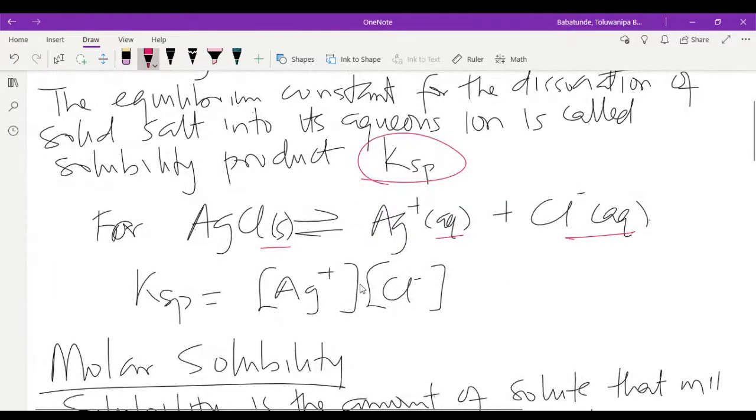So we can write the solubility product as this Ksp, which is going to be the concentration of the silver ion times the chloride ion. Remember, because these are aqueous, we include them in the equilibrium constant expression. We do not include the solid, right?